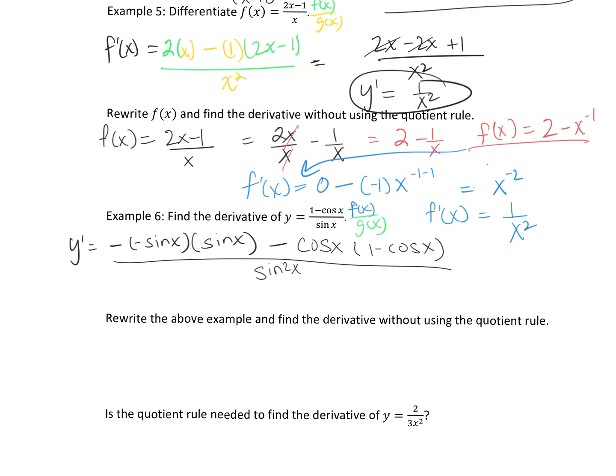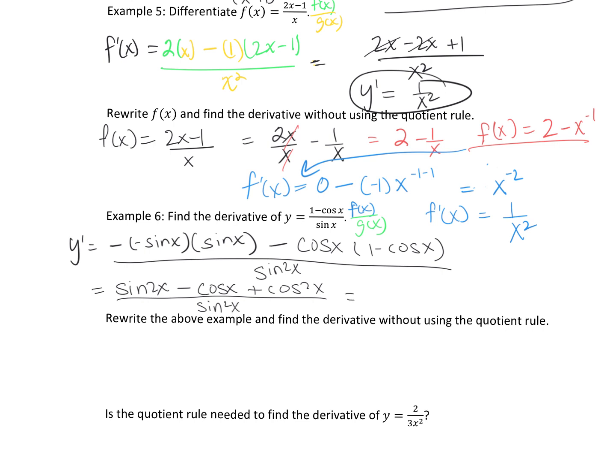And we just clean up what we have. So this gives me a positive sine squared x minus, and remember, this is a negative, so negative times 1 is a negative cosine x, and negative times a negative cosine x is a positive cosine squared x, all over sine squared x.